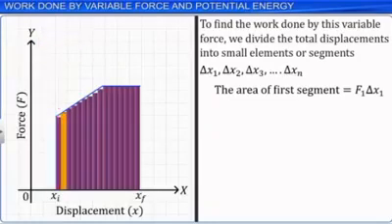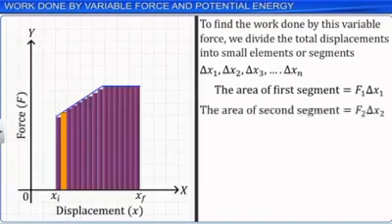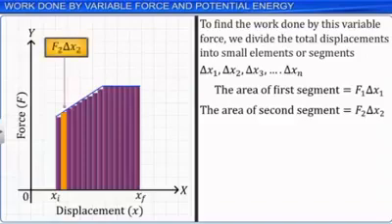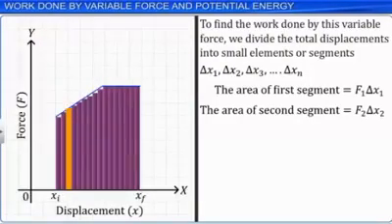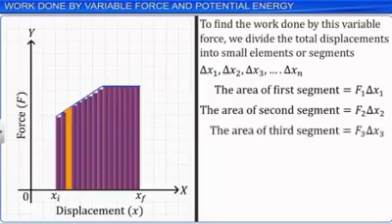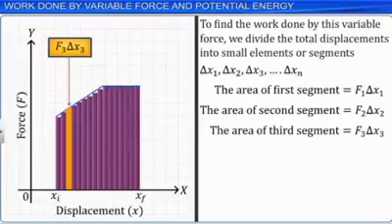Work done with respect to the second segment, Δx2, is the area of the second segment, that is, F2 into Δx2. For the third segment, Δx3, work done is the area of the third segment, that is, F3 into Δx3, and so on.